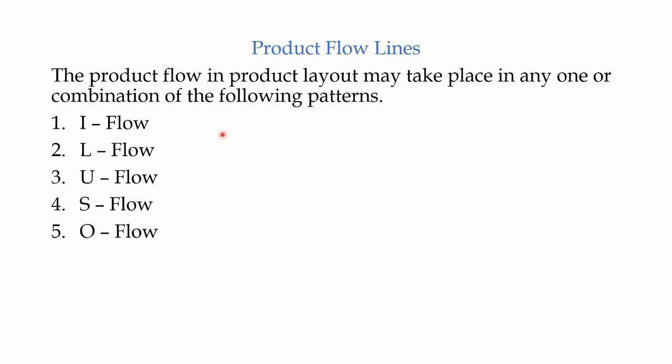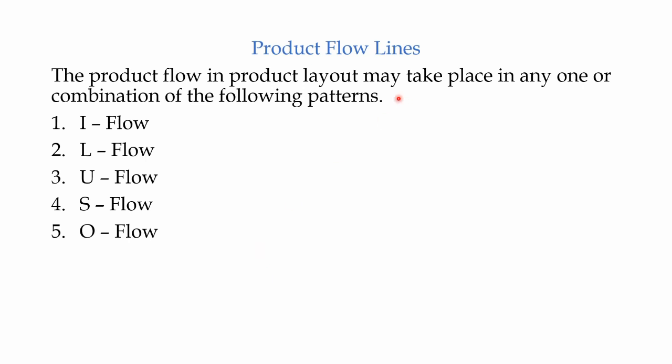Then U flow. Suppose we arrange all the machines such that the product will move from one end to the other end, then take a U-turn and again move back like this. So it may follow a U flow where it enters at one end and leaves from the same end. S flow. Suppose the available space is limited and the machines are arranged such that the product will follow an S type pattern. That means it will travel in the form of S like this.